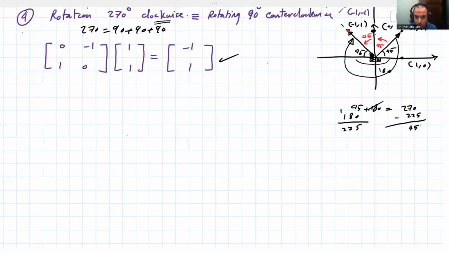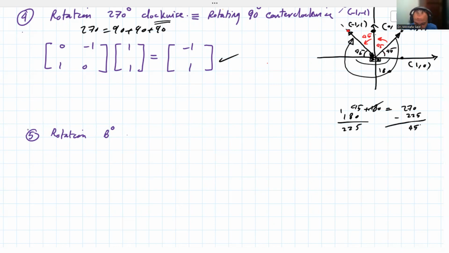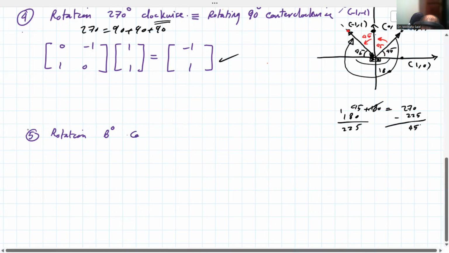Now we have to do the general rule for any theta. So if we have number 5 here, a rotation of theta degrees counterclockwise. Basically, if I didn't say anything, that means it's counterclockwise, but I'll write it for the sake of argument, to be more clear for you.